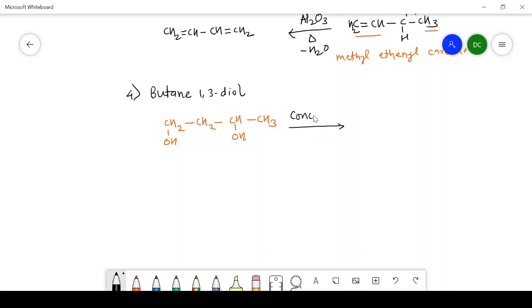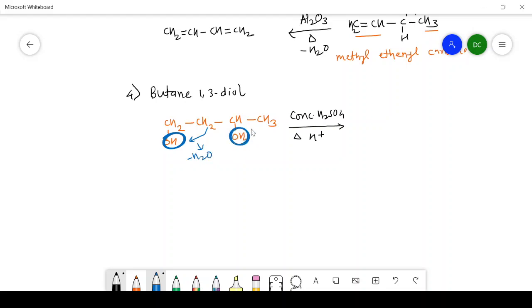Suppose concentrated H2SO4. When it is heated in presence of acid catalyst, then what happens? This OH group and H from the neighboring carbon. So here this OH group and H from this carbon, they are eliminated as a water molecule.